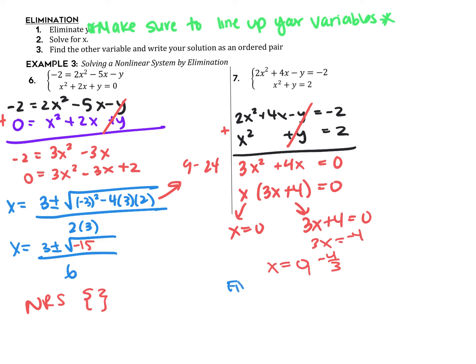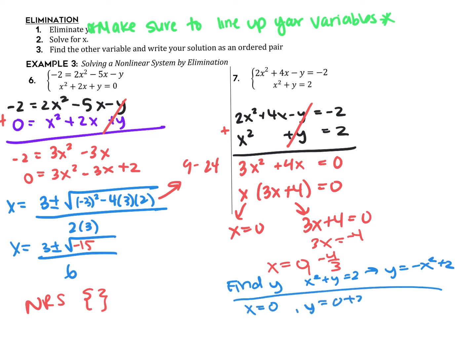And now I'm going to go back and find y, and I'm going to use the second equation, x squared plus y equals 2, and solve for y. Y equals negative x squared plus 2. So if x is 0, y is going to equal 0 plus 2, which is just 2.